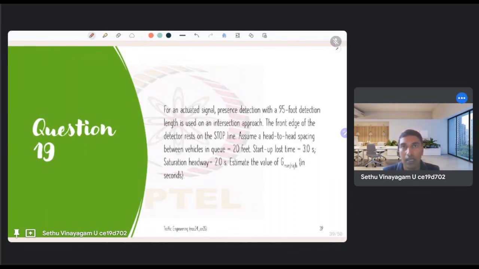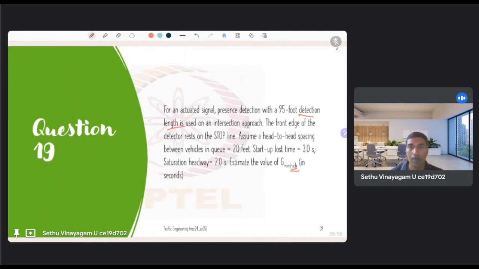Okay, here we are looking at the signal design where we have an actuated signal. Okay, so with the 95-foot detector being used, because we are estimating the high range of the Gmin, we'll assume that the entire detection area is filled with the vehicle queue.